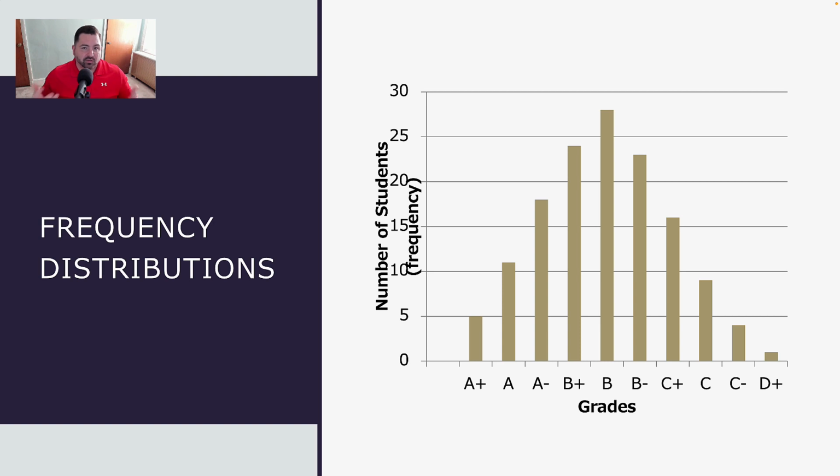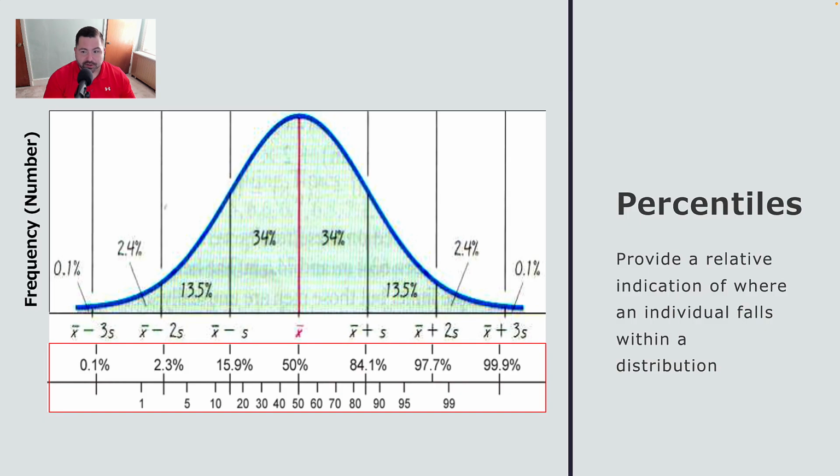But in the case of grades, we have many possible options, from an A+ to an A to an A-, all the way down to a C, C-, and D+. And so there's many, many more counts, there's many, many more frequencies and possible options with which we can generate a frequency. And this is going to create something that we know as the normal distribution.